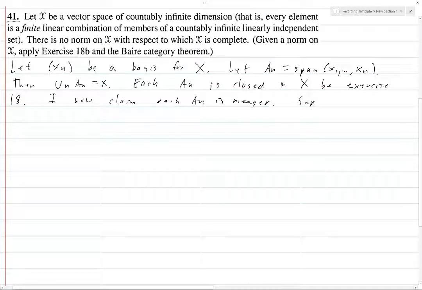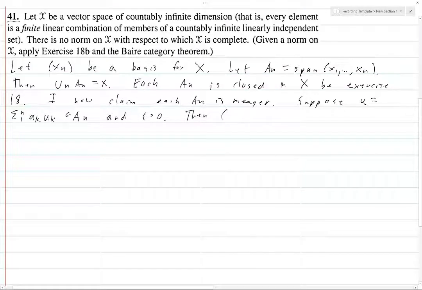So suppose u, the sum from 1 to n of a_k u_k, is in An, and epsilon is greater than 0.